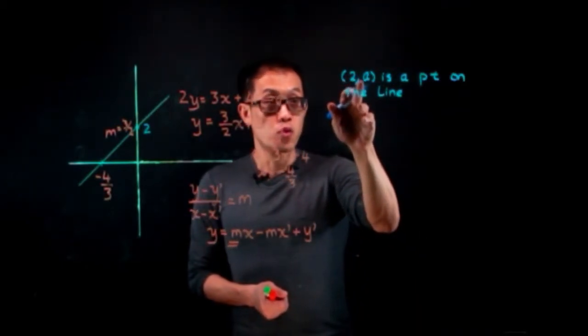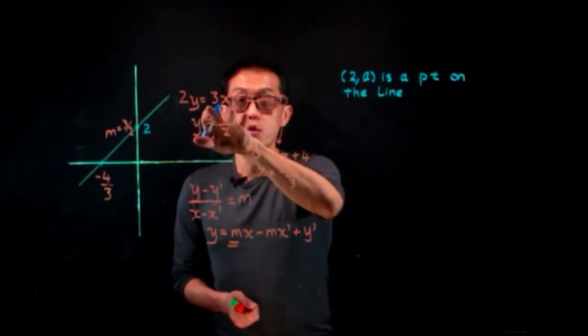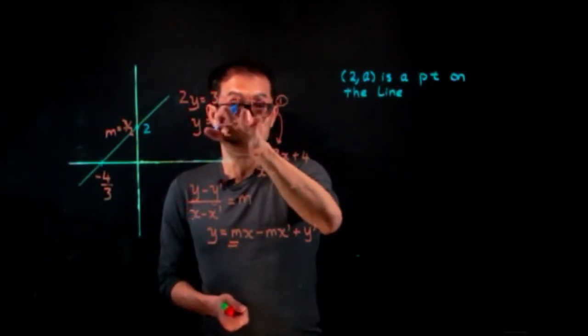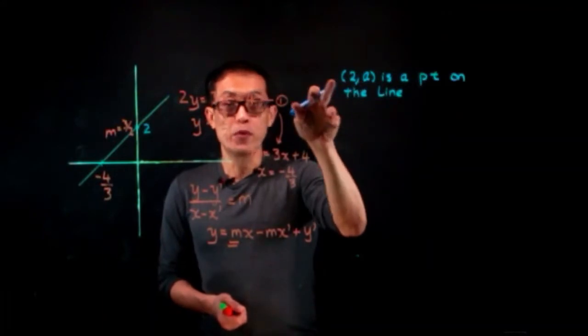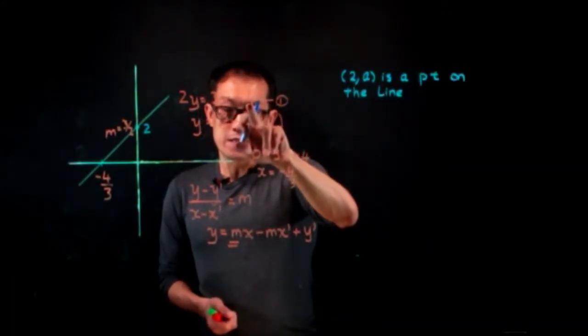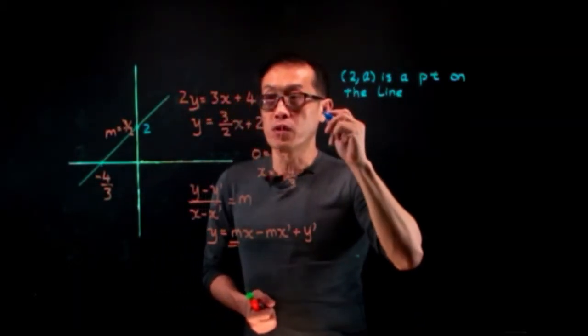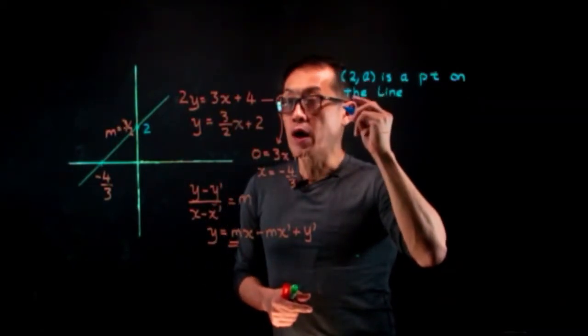Now, since (2, a) is a point on the line, it has to satisfy this equation. So what we can do is we put x equals 2 and y equals a into this equation to find the value of a. So x equals 2 and y equals a.